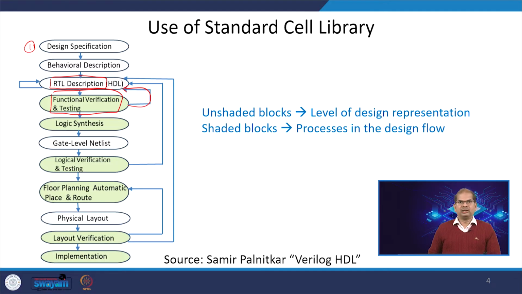Now, once the RTL you have written is functionally correct, we will pass it through a logic synthesis tool. So, what does the logic synthesis tool do? We have two things: one is called logic synthesis and the second one is called physical synthesis.